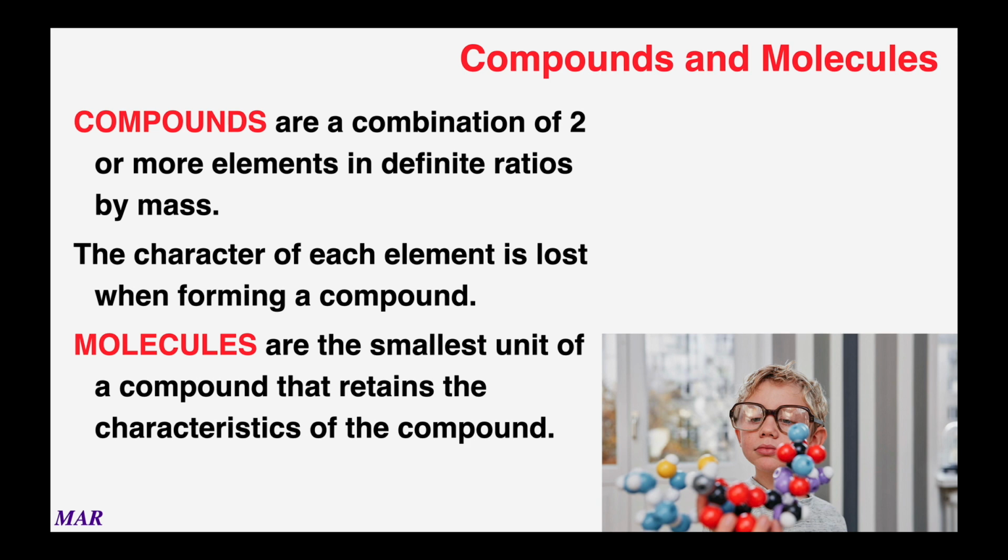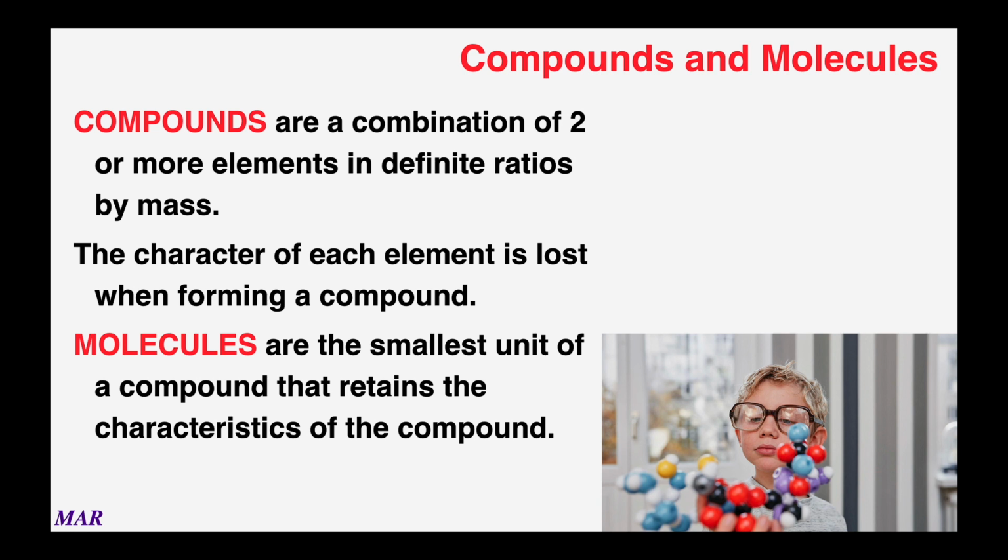When you make a compound, the character of the elements that they came from becomes quite different. As an example, water is made from hydrogen and oxygen. Hydrogen is a flammable gas. Oxygen, flammable too, does some different things. But water is a liquid, and water is good for you and you need so much every day.